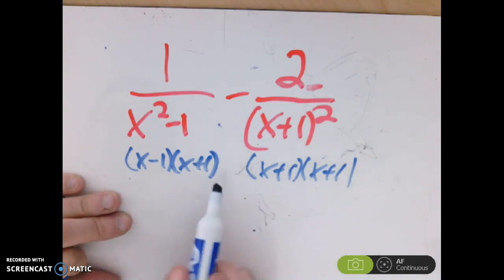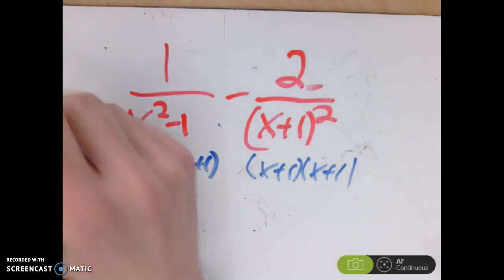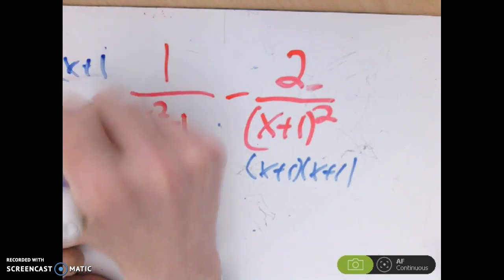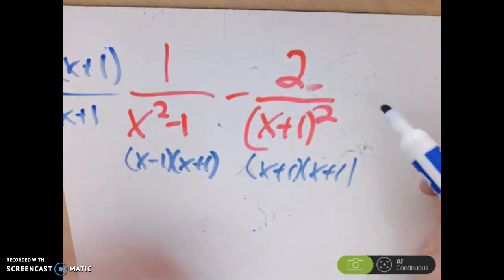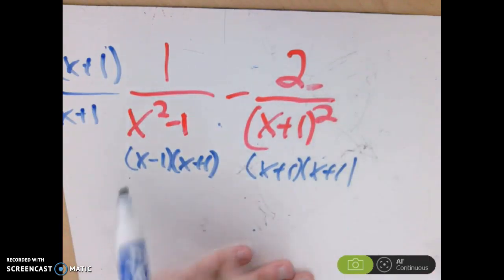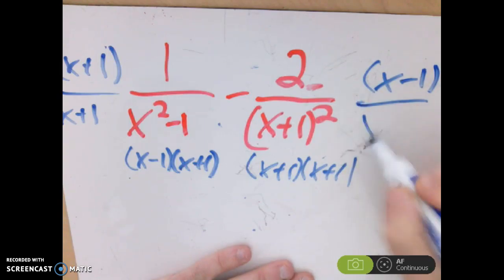So I know that I already have 1 x plus 1 in this one, so I'm going to multiply it by 1 x plus 1 over x plus 1. And here I have my x plus 1s, but I need an x minus 1, so I'm going to multiply it by an x minus 1 over x minus 1.